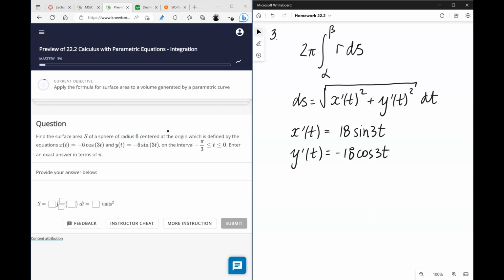and we're going to set it up as an integral from negative pi over 3 to 0. We have 2 pi here.